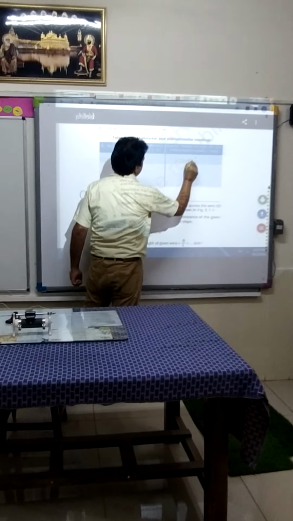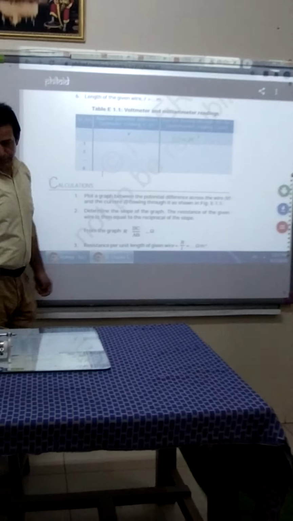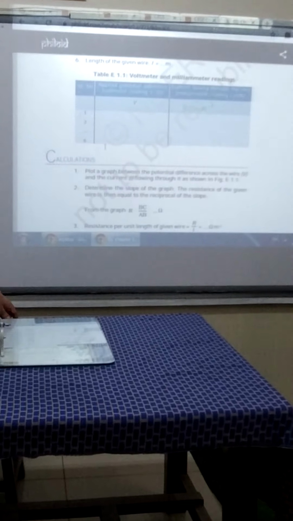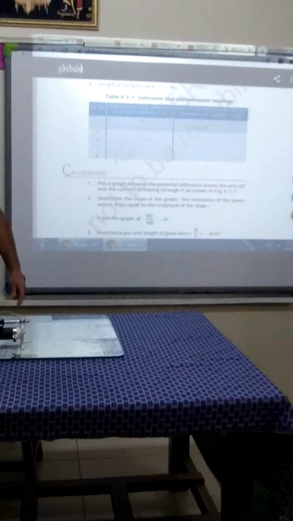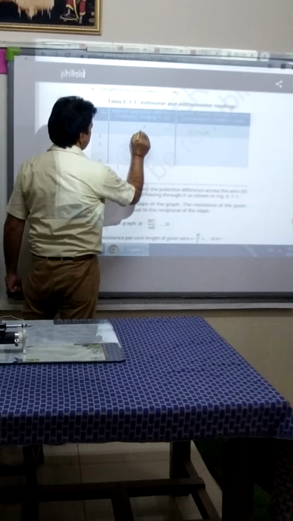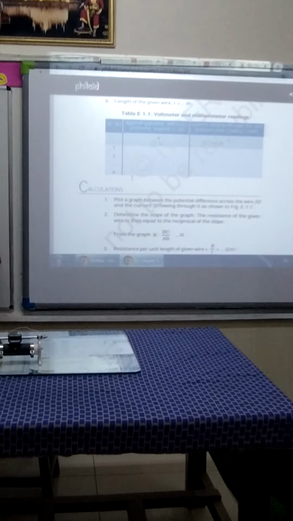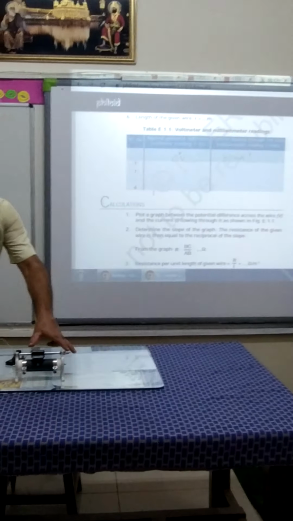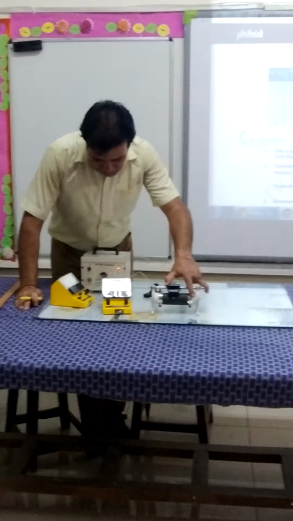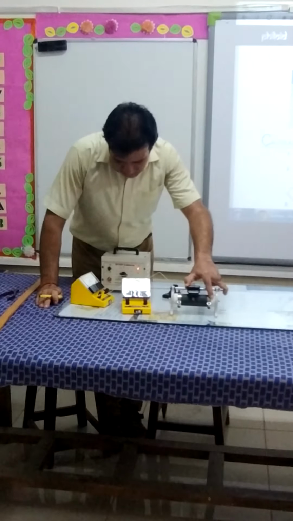And what is the voltmeter reading? The voltmeter reading shows no change, so that means it is 0 volt. Right? Now again we are increasing it. We are sliding the rheostat.